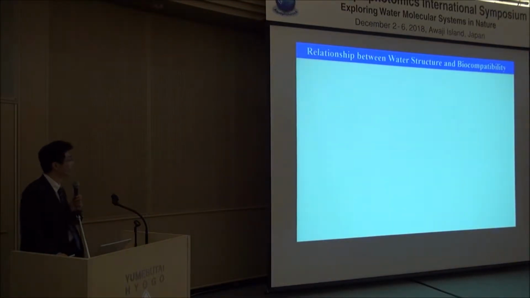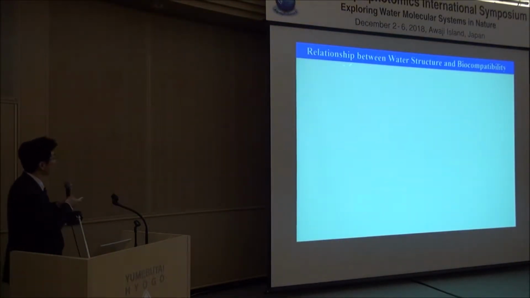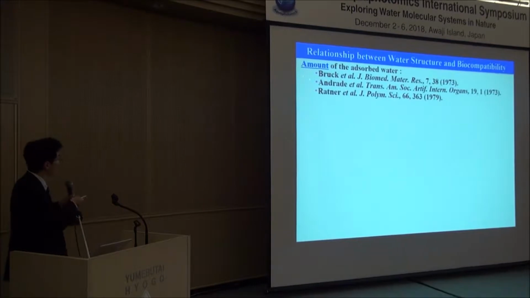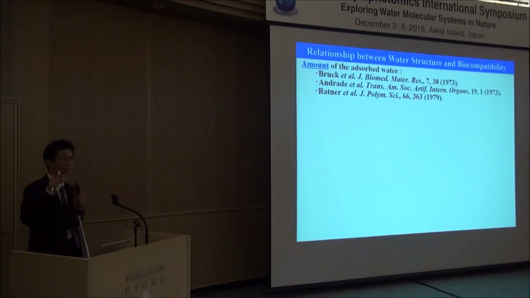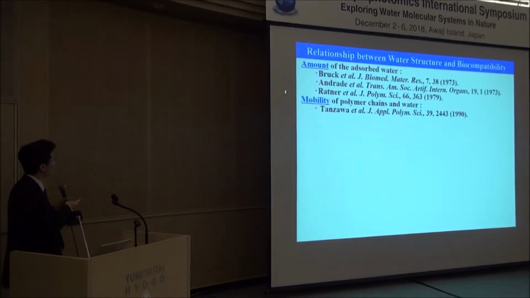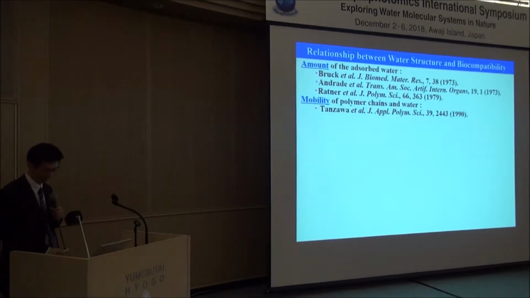So there is a long history in this field. Relationship between water structure and biocompatibility. If you go back to the 70s, very old paper, but very important. They told us the amount of the adsorbed water is an important factor to affect the biocompatibility. And second one, they told us mobility of the polymer chain and water is also important.